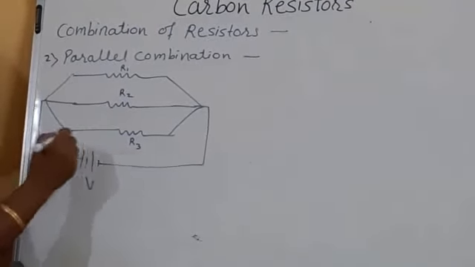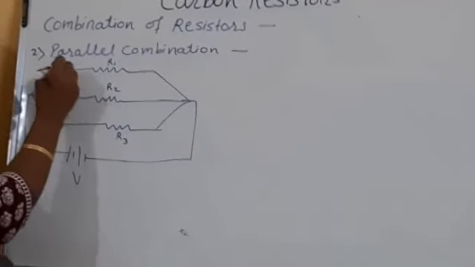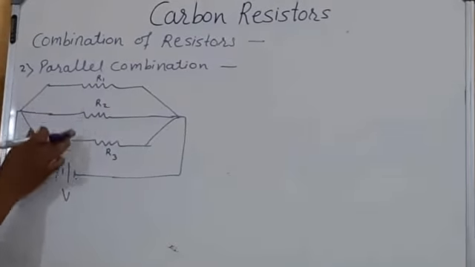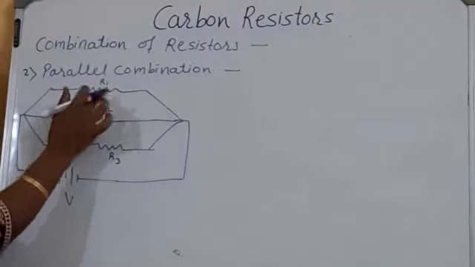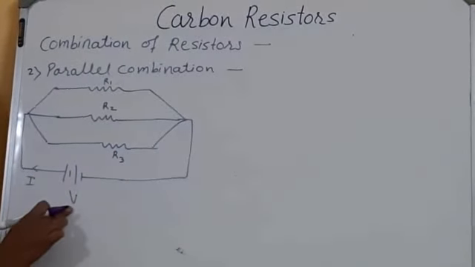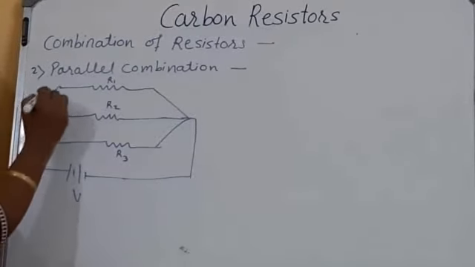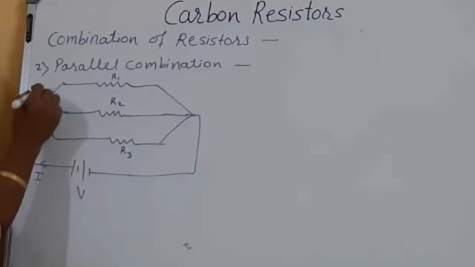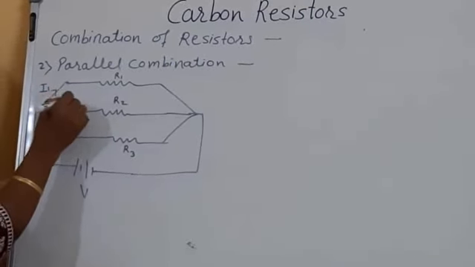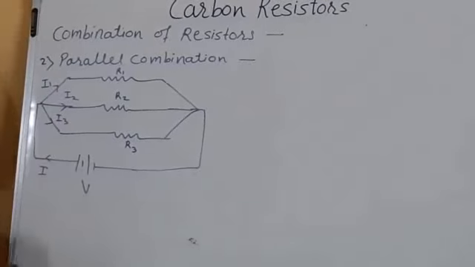Now you see all 3 resistors are in parallel, so the potential difference across each resistor is V. According to Ohm's law, the current through each branch is different. Let it be I1, I2, I3 respectively.